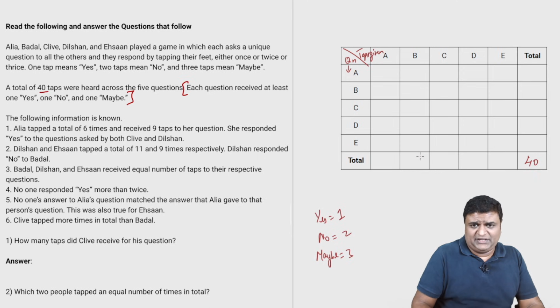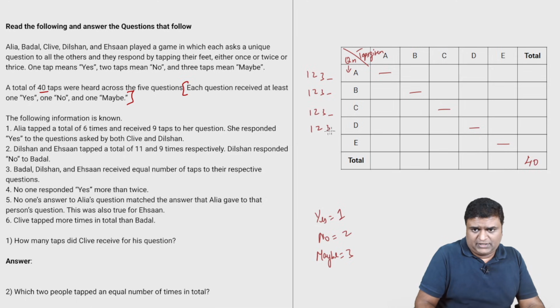And I'm going to have each question received 1, 2, 3 for sure, and the last one is missing. Okay, A could not have tapped for A, right? So we're going to have a blank over here, 1, 2, 3, 4, 5, the diagonal, right? D can't be tapping to D's question. So I have 1, 2, 3 for sure, and there's a missing one in each row.